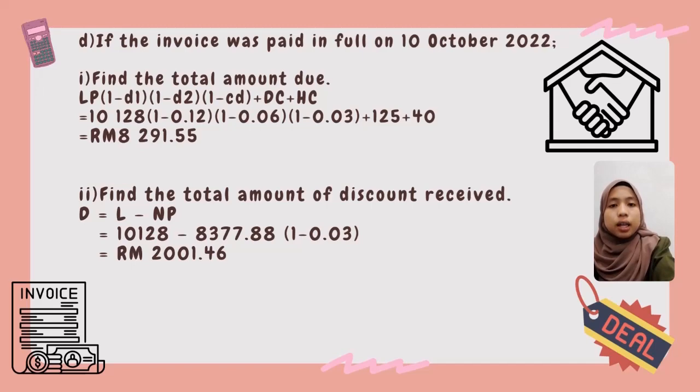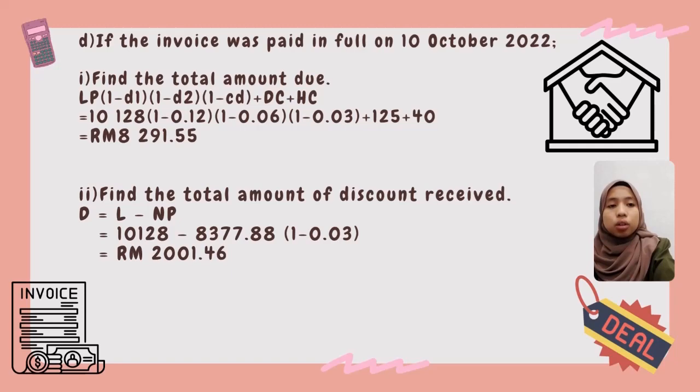Question 2D roman 2: find the total amount of discount received. We use the formula D equals L minus NP. L equals 10,128 and NP equals 8,377 ringgit and 88 cent.